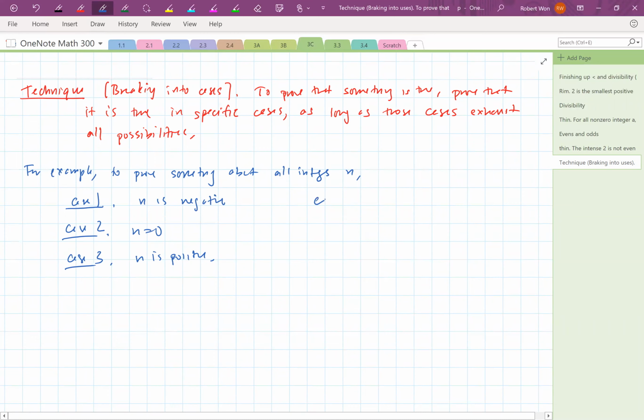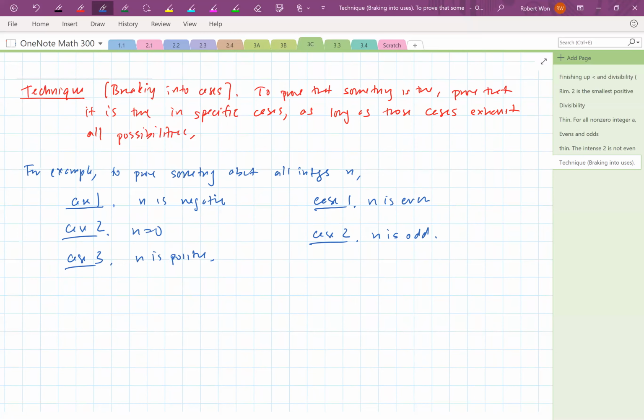Okay, but later on in this course, maybe you'll have case 1, n is even, case 2, n is odd. Right now, we don't know that these 2 cases cover all possibilities. I've sort of hammered this point when I made the definition of even and odd. We don't know that every integer is even or odd, but not both. But we will soon. In the next lecture, we'll prove that.